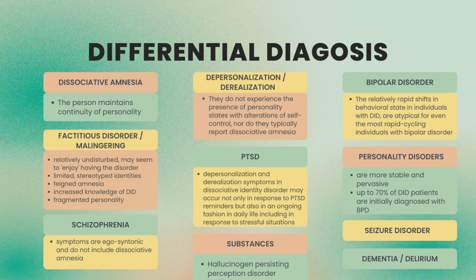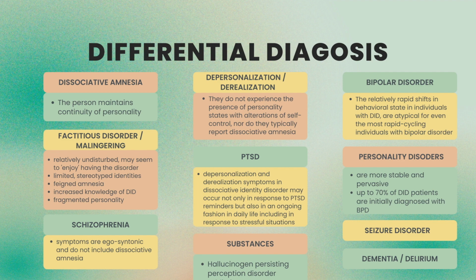Borderline, obsessive-compulsive, antisocial, and narcissistic personality disorders have a lot of features in common with dissociative identity disorder, but personality disorders, according to the DSM, are more stable and pervasive. Whereas the person with DID switches personalities, the person with borderline might have an unstable sense of self.